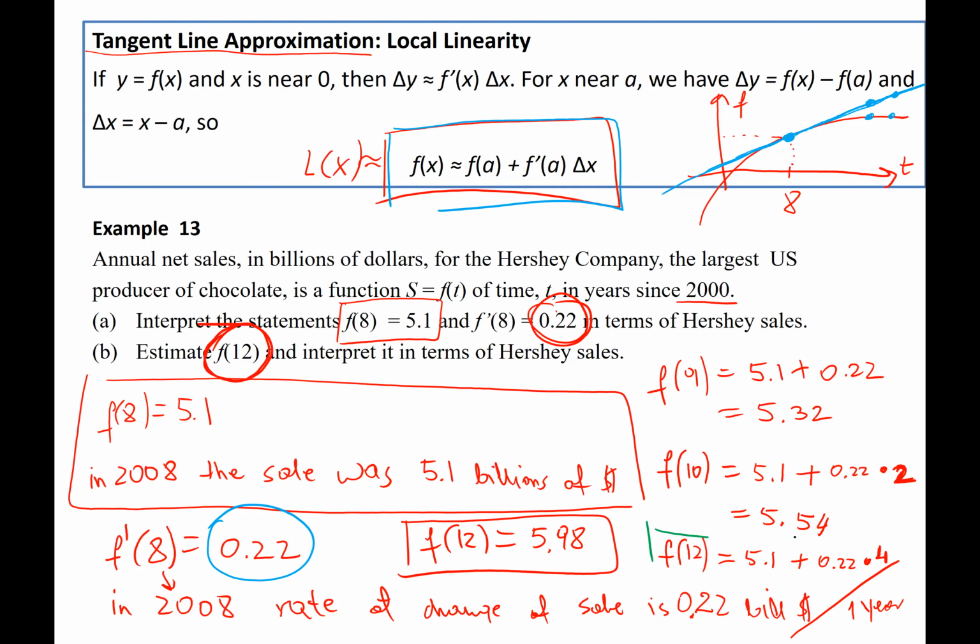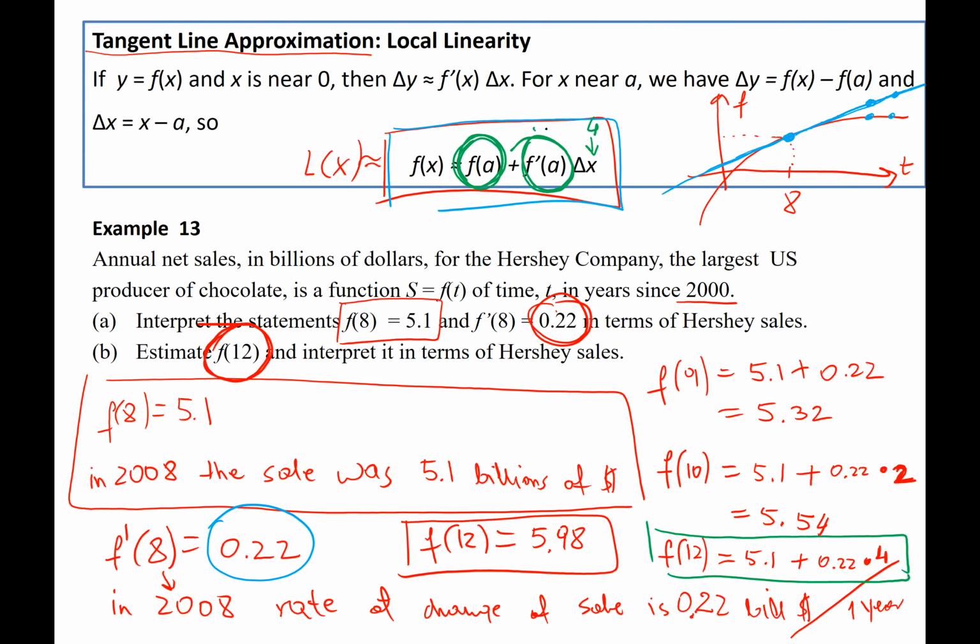Now, let's look at this equation. Can you see 5.1? 5.1 is just the value at a. I'm trying to make sense of this equation. 0.22 was the rate of change, and delta x is telling me the difference in time.